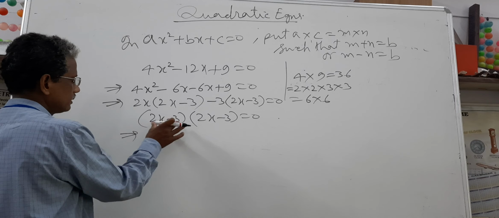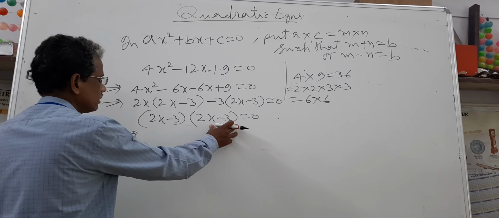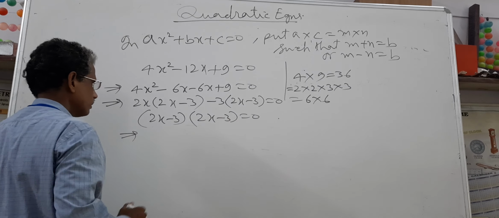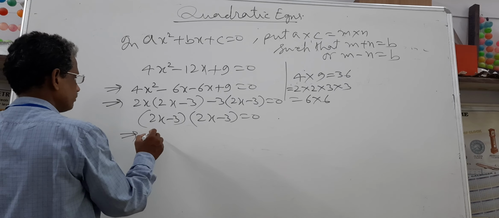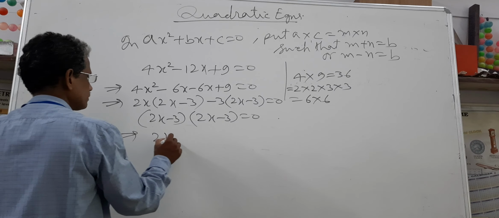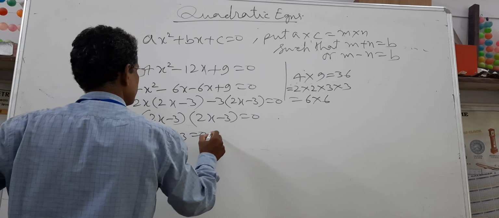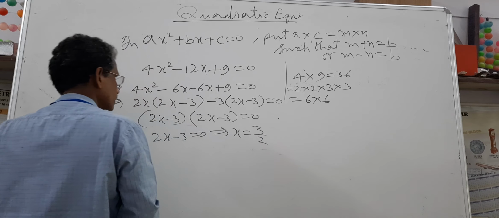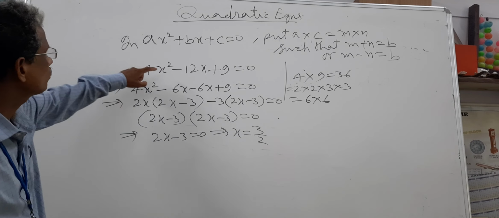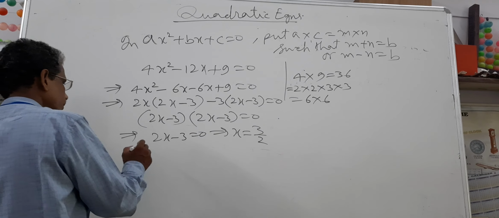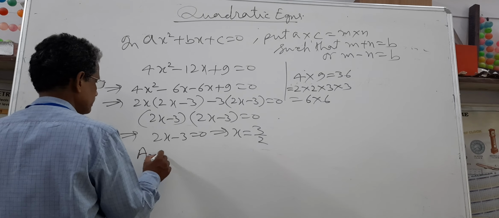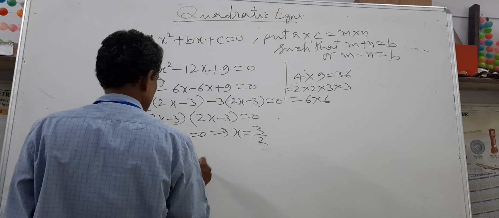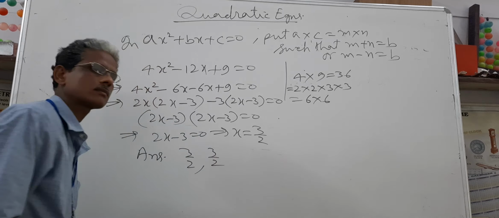This implies either this is 0 or this is 0, because both are the same. Therefore, we get 2x minus 3 equal to 0, which implies x is equal to 3 by 2. But this is quadratic, therefore we will write the answer as 3 by 2, 3 by 2.